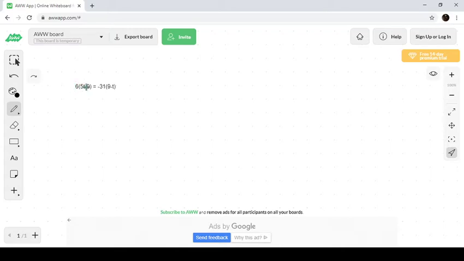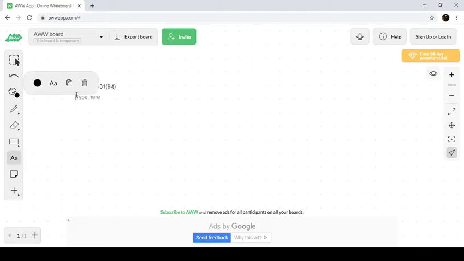We have 6 times 5t minus 9. So going through our order of operations, I've got parentheses, but I can't do anything inside of them. I don't have any exponents. I do have multiplication, though. I've got 6 times 5t minus 9, and I can distribute this 6 into this set of parentheses.